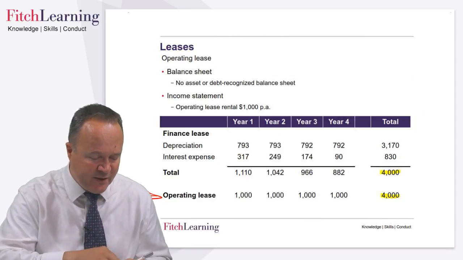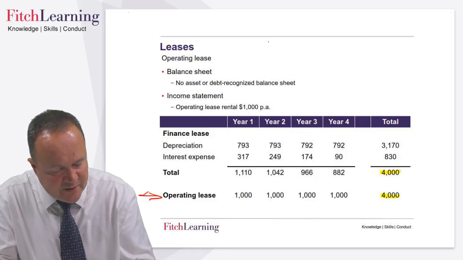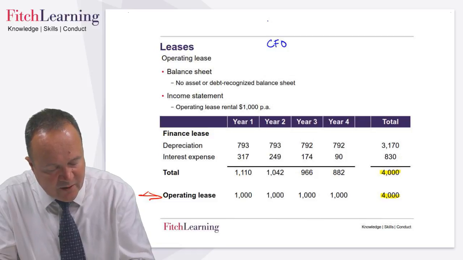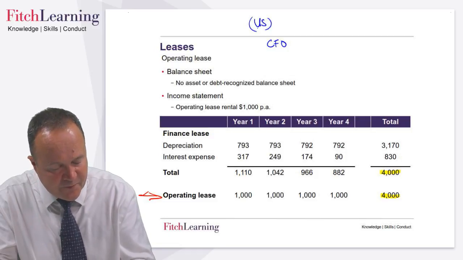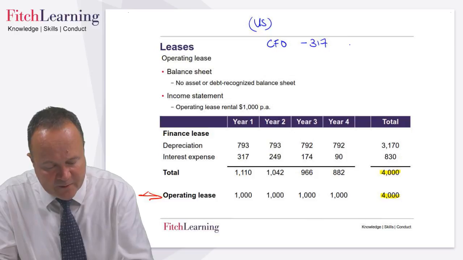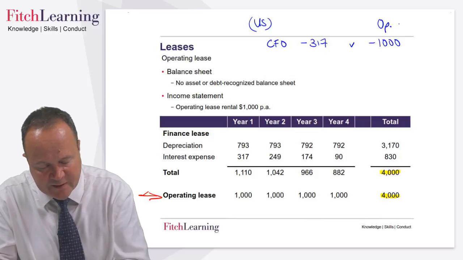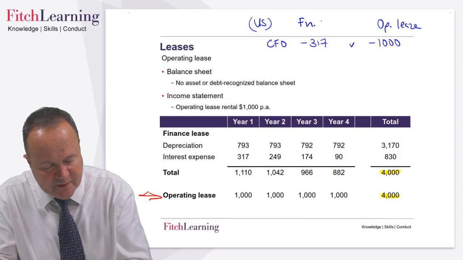So, we've done the income statement here. Let's just remind ourselves of the balance sheet then. And I'll do US GAAP here. So, CFO would have an outflow of 317 versus an outflow of 1,000. So, we're doing our operating lease and my finance lease.